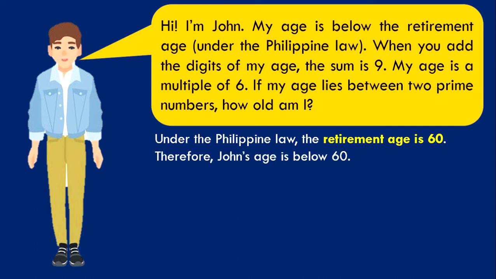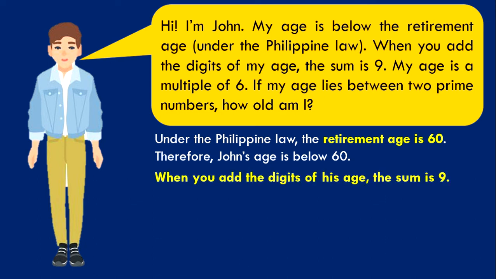Another clue: when you add the digits of his age, the sum is 9. As you can see, there are 6 possible numbers, which are 9, 18, 27, 36, 45, and 54. If you add the 2 digits, the sum is 9.